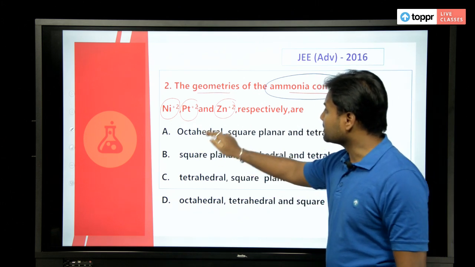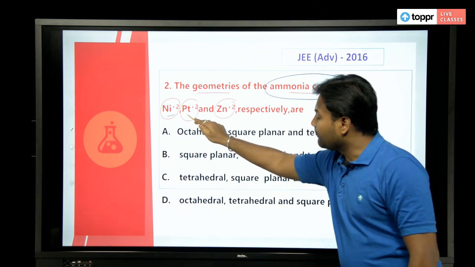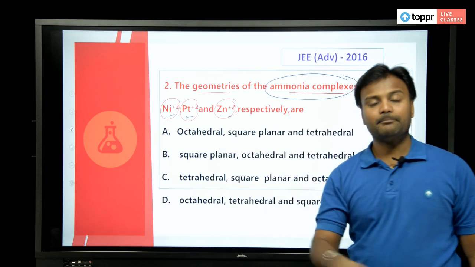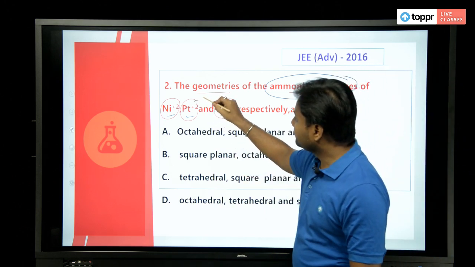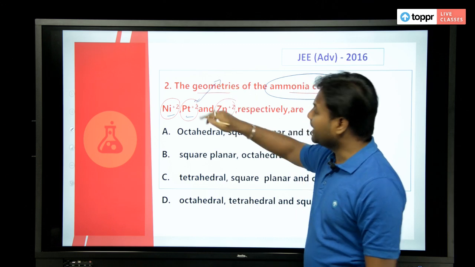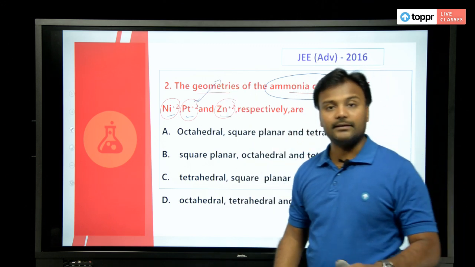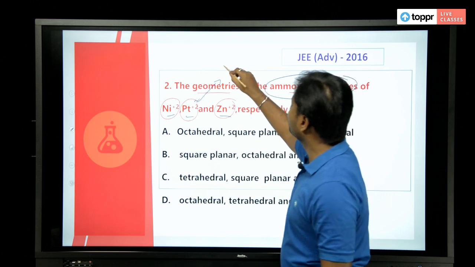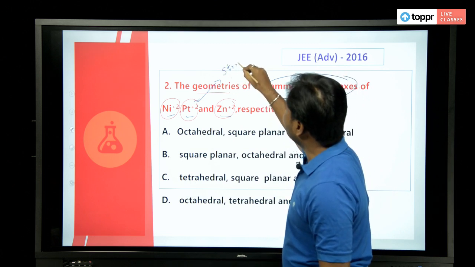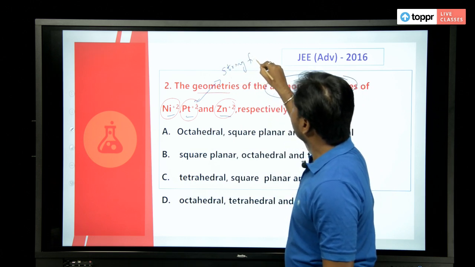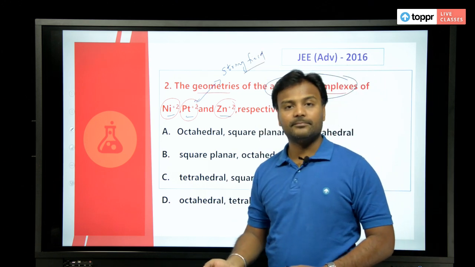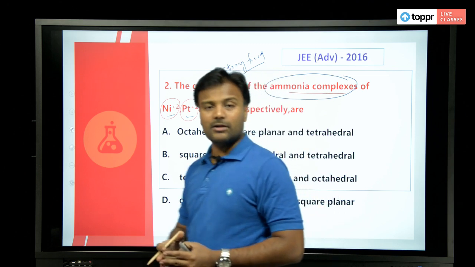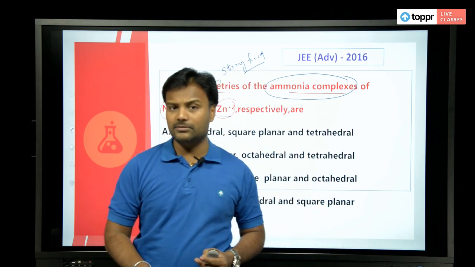Okay, look at this. Now you have nickel, platinum, zinc as the central metal atoms. So in platinum I can say directly that ammonia is a strong field ligand. What does a strong field ligand do? Whether it pairs up the electrons or it cannot pair up the electrons.